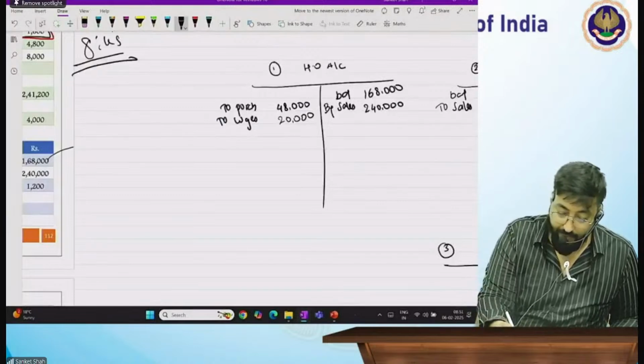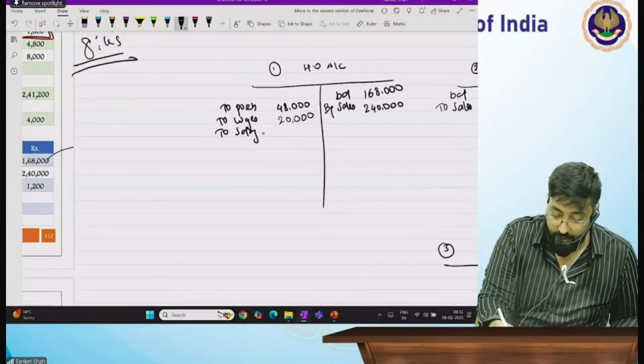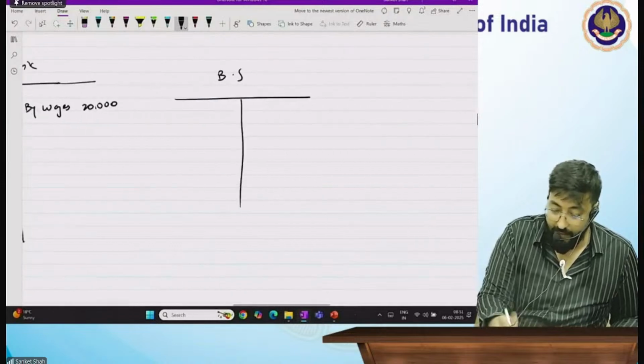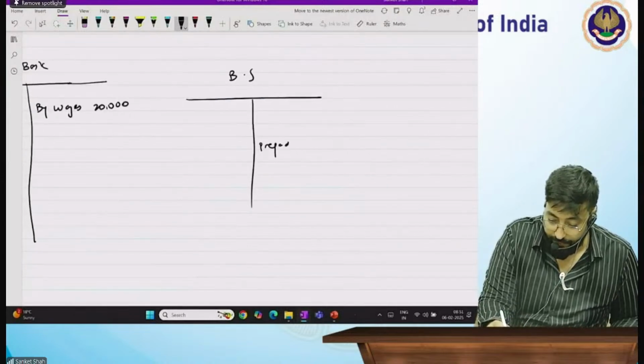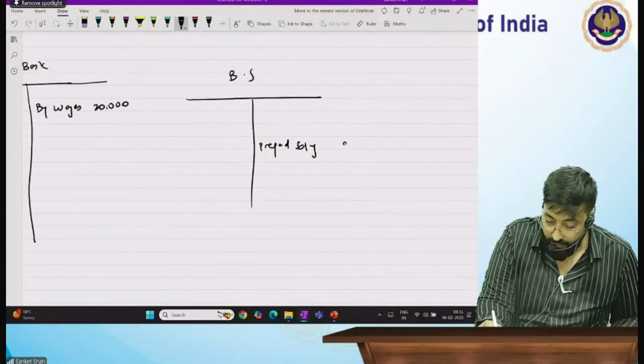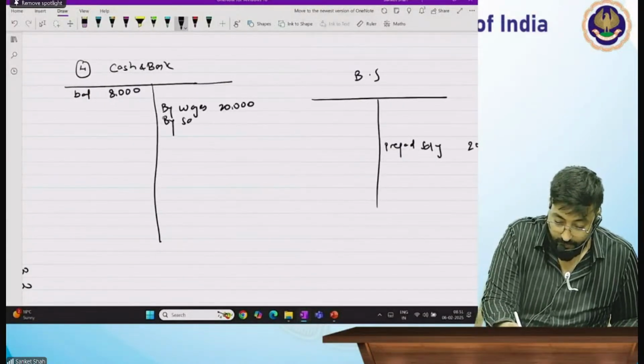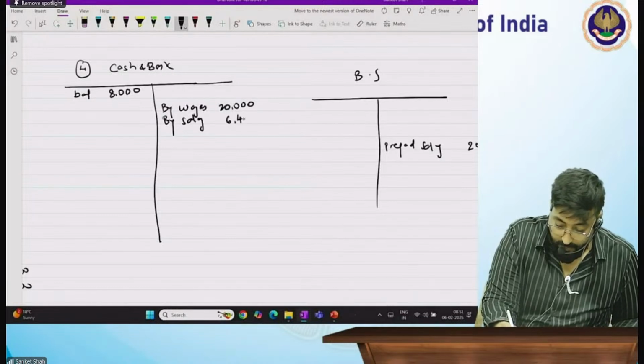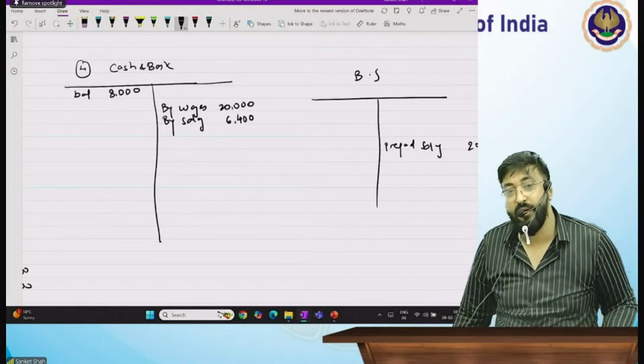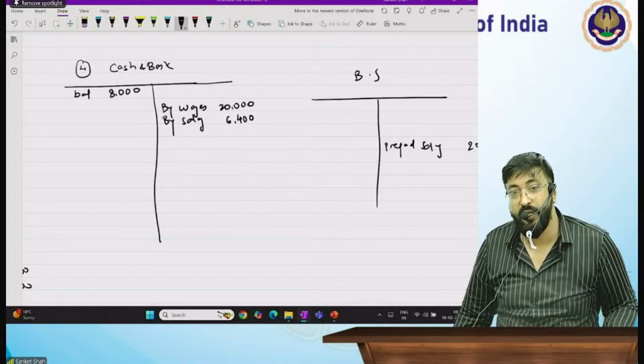Sir, salary. In HO, how much are we going to transfer? 4,400. Very good. The remaining we are going to transfer in the balance sheet. Salary, how much? 2,000. And cash and bank? 6,400. Very good. By salary 6,400. Understood the posting? Yes, sir.